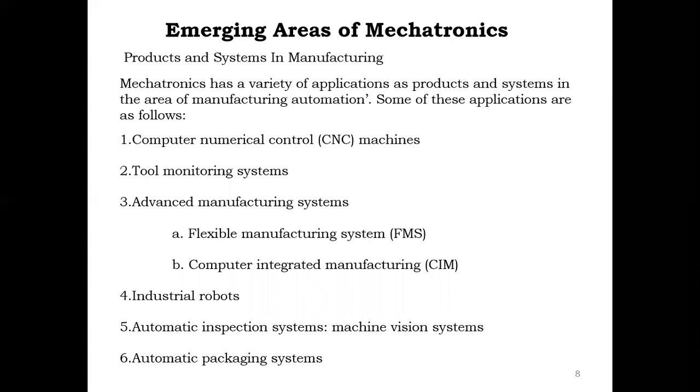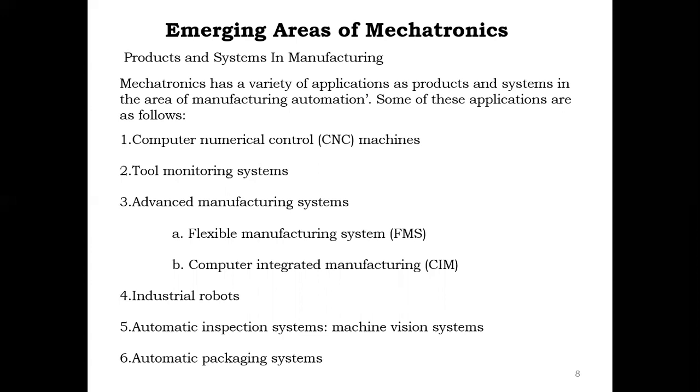Mechatronics has a variety of applications as products and systems in the area of manufacturing automation. Some of these applications are as follows. First, computer numerical control machines, that is CNC. Second, tool monitoring system, called TMS.